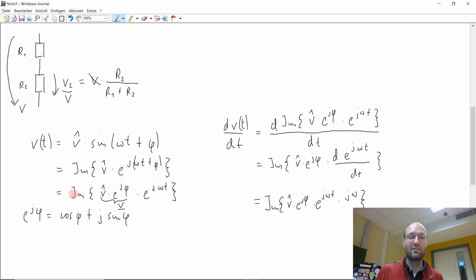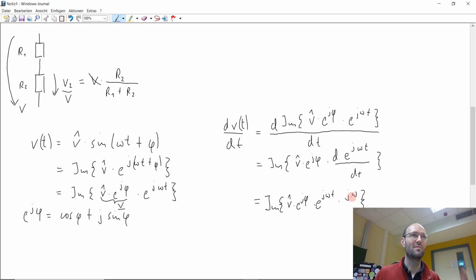If we compare this, we have the amplitude, we still have this phase angle, we have the dependence on j omega t, but what was added is the j omega. So what is a time derivative in the time domain is a multiplication with j omega in the frequency domain.